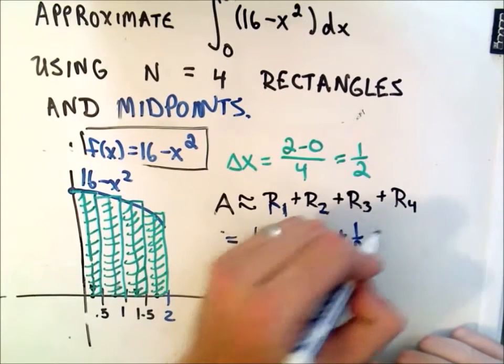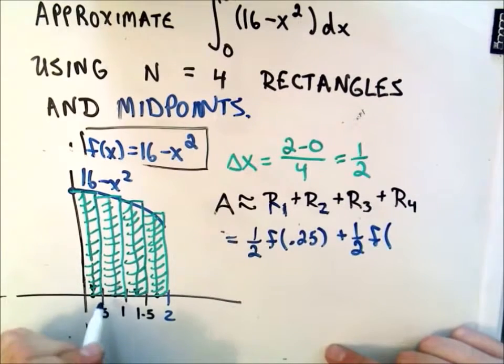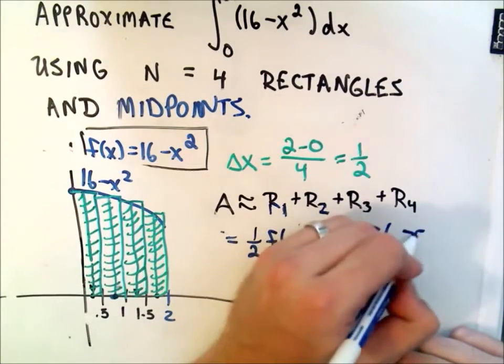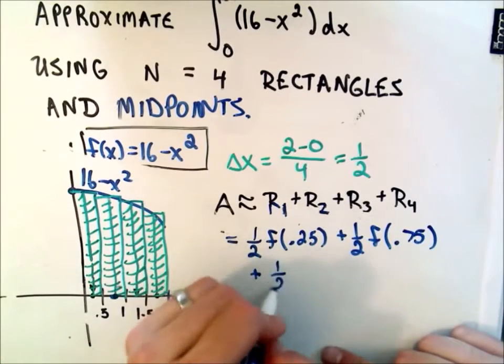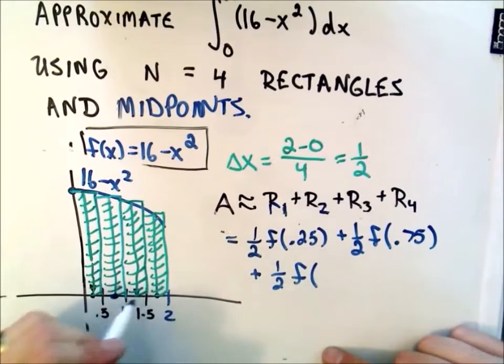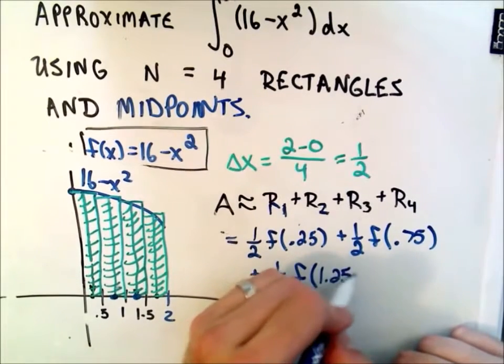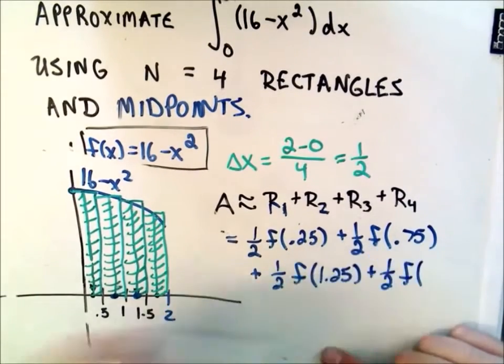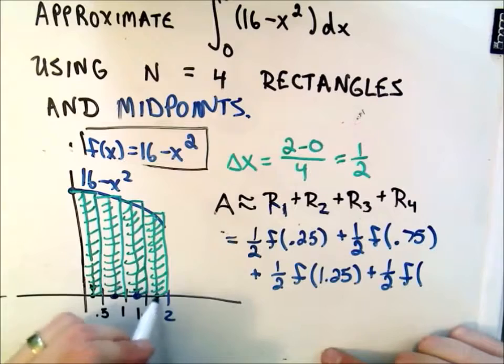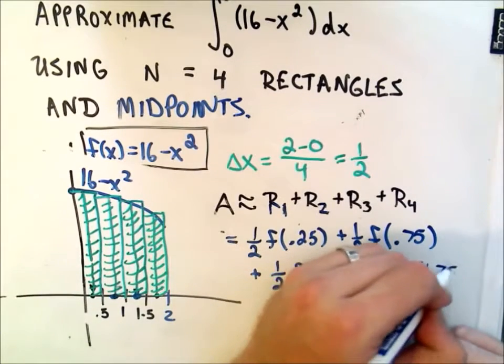My second rectangle, I would have 1/2 times, I would take the midpoint, which would be 0.75. Rectangle 3 would have width 1/2. To get the height of it again, we would plug the midpoint in, or 1.25. And for the last rectangle, that's 1/2 f of, now again the last midpoint would be 1.75.